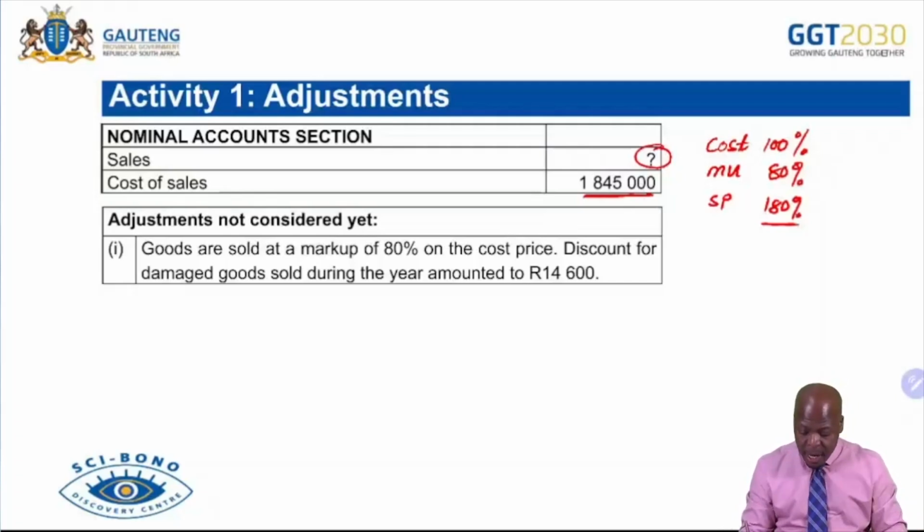In this case, if I am to put rand values here, you would find that as we already have our cost, so I can come here and say this is equal to the 1,845,000. Therefore, what is it that we want? We want the 180. So I'll come here, then I'll say what I want is 180.